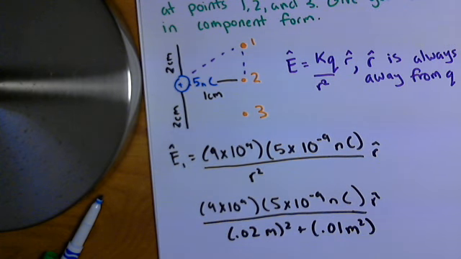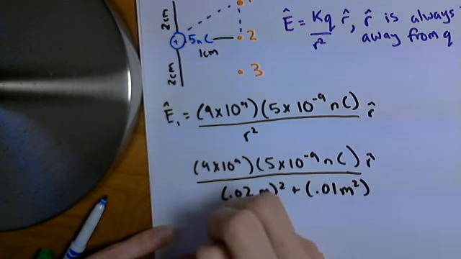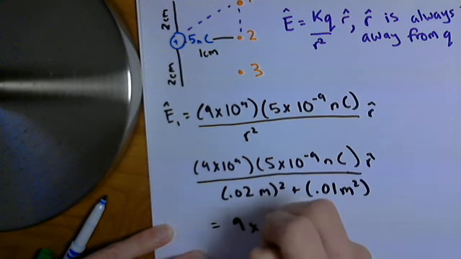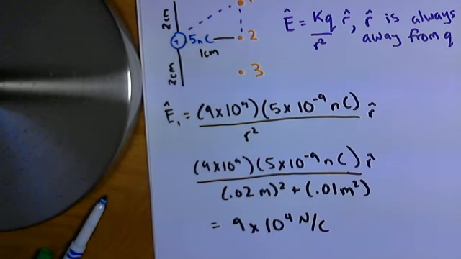When you plug this into a calculator, you will get the answer 9 times 10 to the 4th newtons per coulomb.